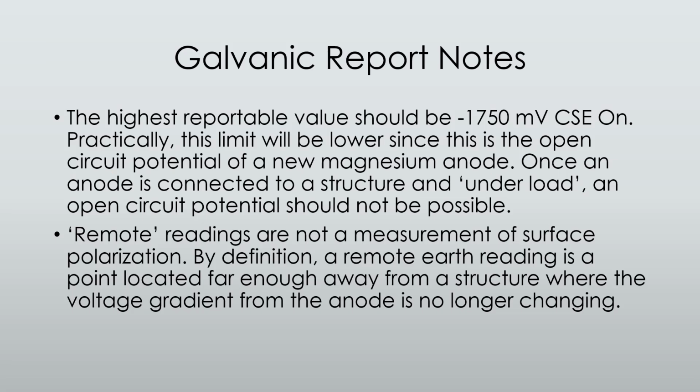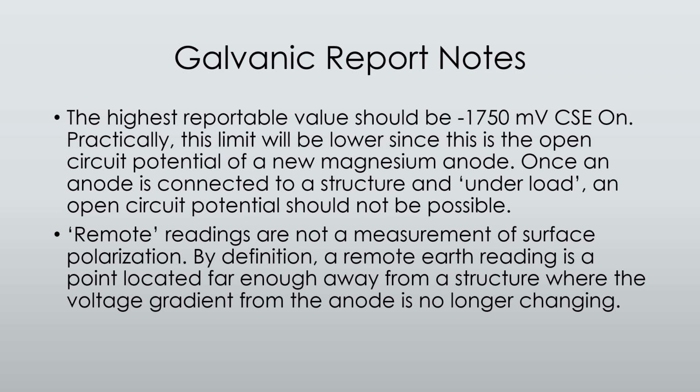So for an inspector note, the highest reportable value should be negative 1750 millivolts CSE on for galvanic systems. So we consider this because this is the limit that would be for a magnesium anode. It should be the highest voltage that is achievable, because once an anode is connected to a structure and is under load, then that value is going to go down.